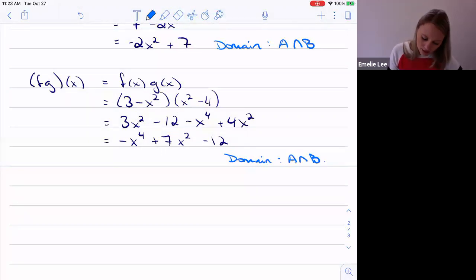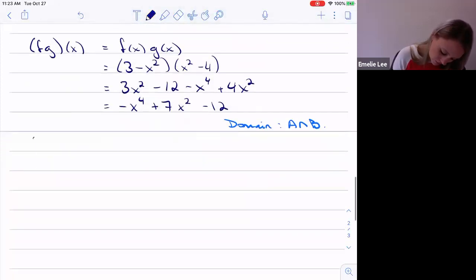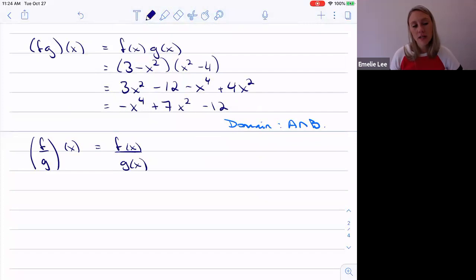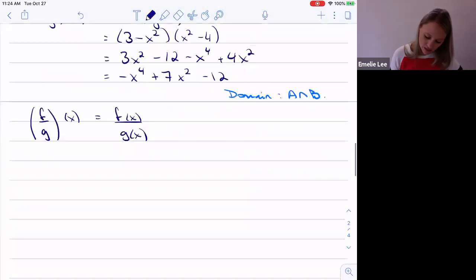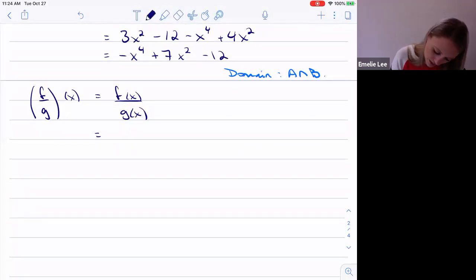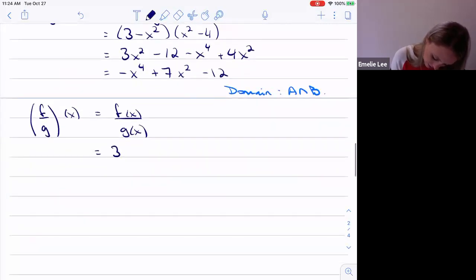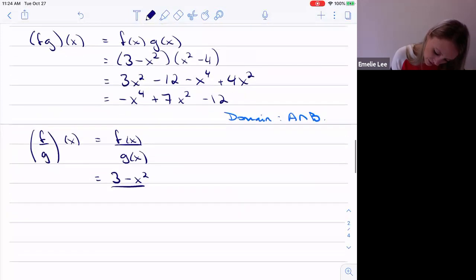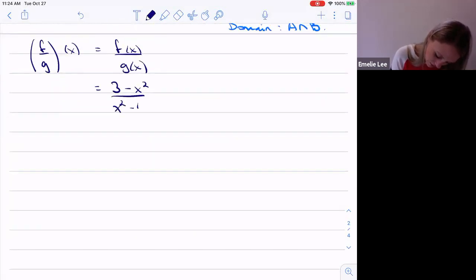The last one, f over g of x, is just f of x over g of x. So we're going to solve it and then we're going to figure out what the domain is afterwards. Remember, the domain is going to be A and B, so the overlap, which is in this case all real numbers, but taking away any values of x that make g of x equal to 0, right? Because I can't divide by 0. So f of x is 3 minus x squared over g of x, which is x squared minus 4.